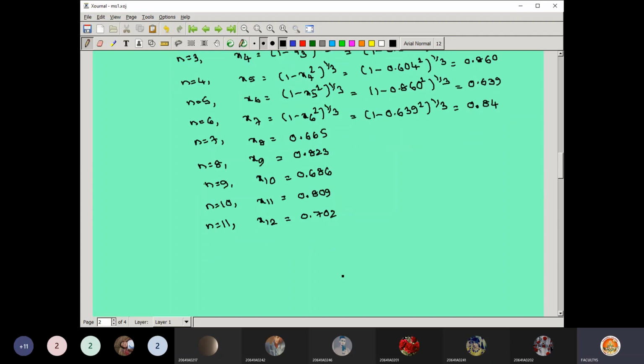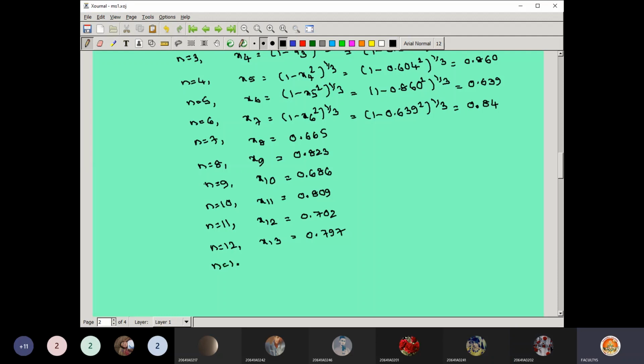Slowly we are getting equal. So n equal to 12, x13. Nothing to worry. Approximately will you get 0.78 or 79? 0.797. Okay. Again, a little bit of difference.